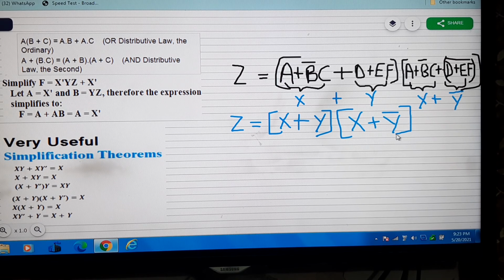Now we can easily apply the second distributive law, which states that a plus b dot a plus c is equal to a plus bc.